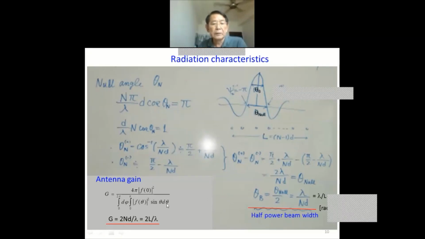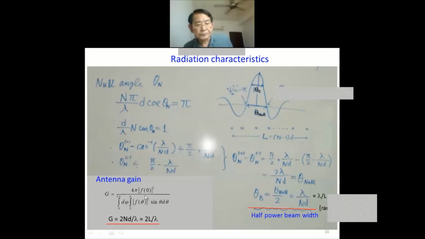So this integral is all over the space, divided by 4 pi, which is the unit angle. So the unit angle intensity is used to divide the maximum value. This is the definition of antenna gain.